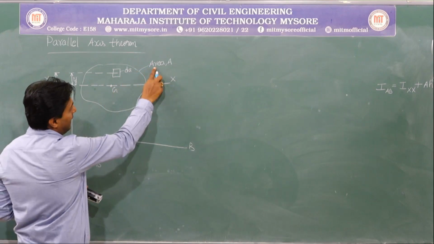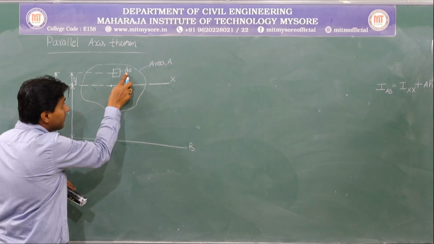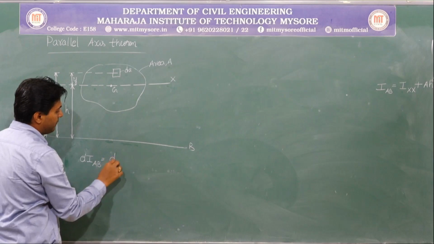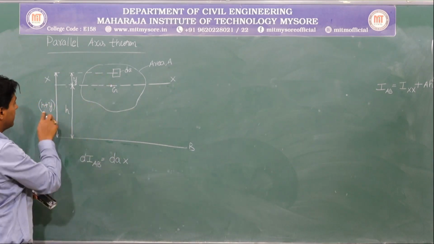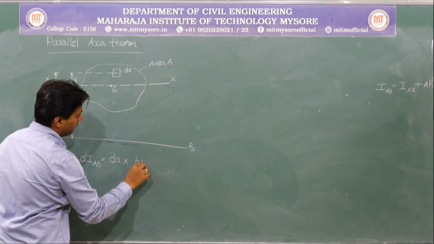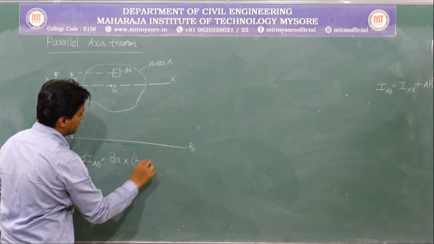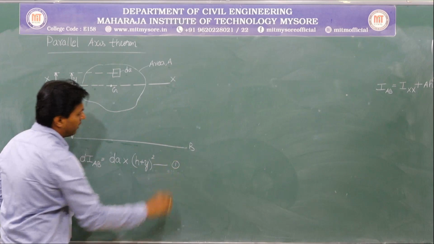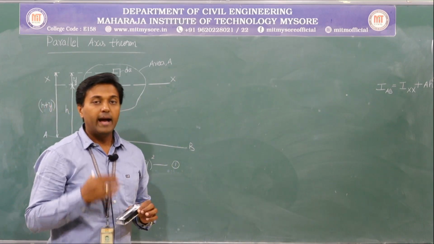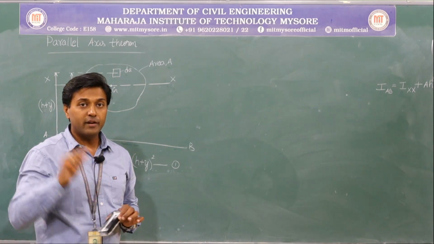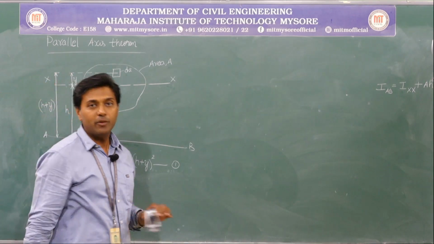What is that area? I am concentrating on the elemental one, so the area is dA into the distance square, from here till here it is h plus y whole square. Let me call this equation 1. Now I want the moment of inertia for the entire area about the AB line.